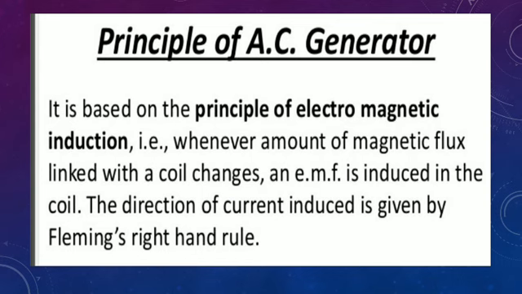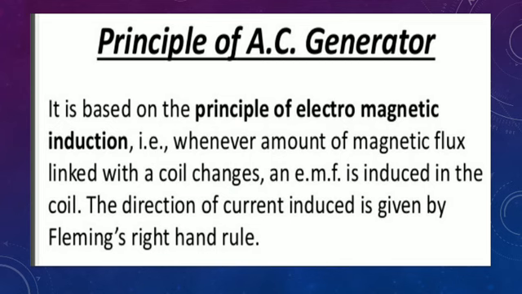We already know the principle, induced EMF. It is based on the principle of electromagnetic induction. Whenever the amount of magnetic flux linked with the coil changes, an EMF is induced in the coil.